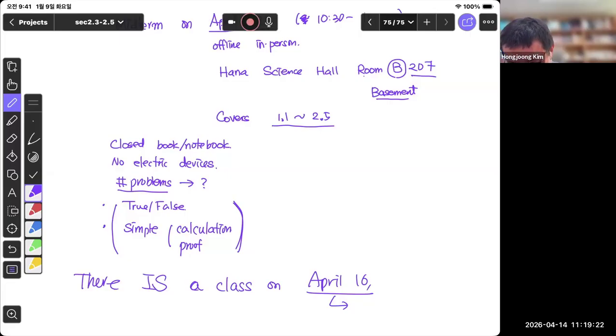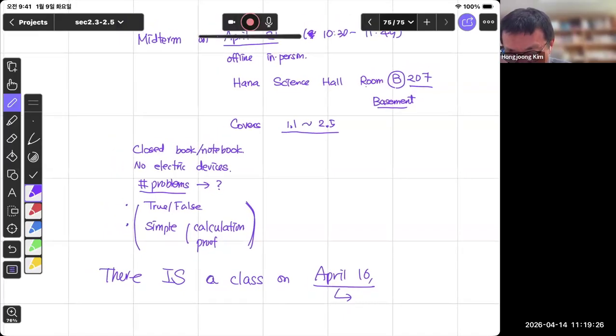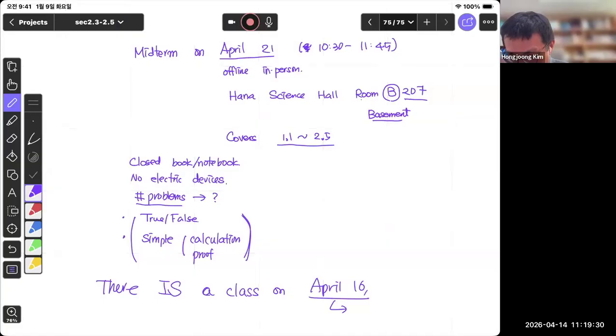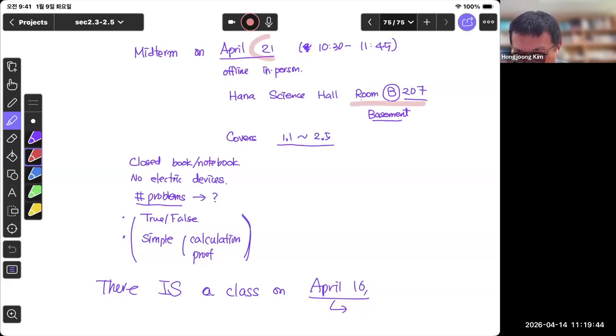So this is the information regarding the exam. As I said, you must come to this room on the 21st physically.